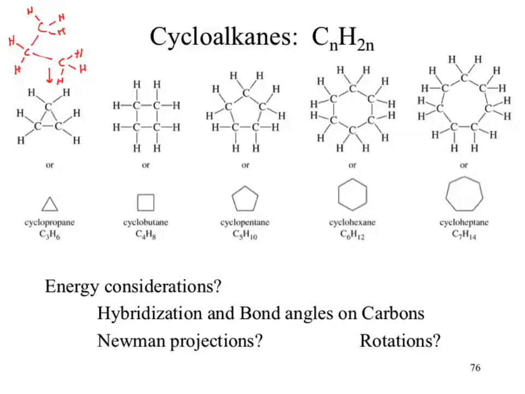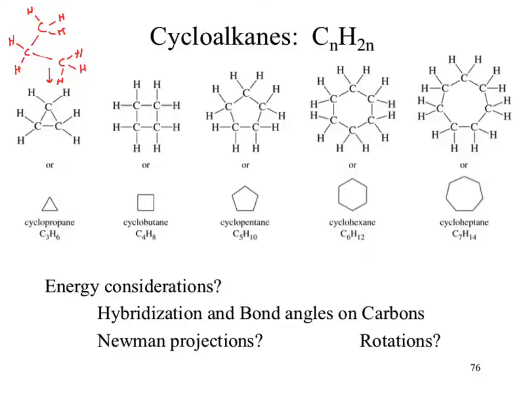We can also make some other kind of observations about this. If we look at the hybridization, what is the hybridization of each of those carbons? sp3, which means the bond angle needs to be 109.5. What is the bond angle in a triangle? 60 degrees.